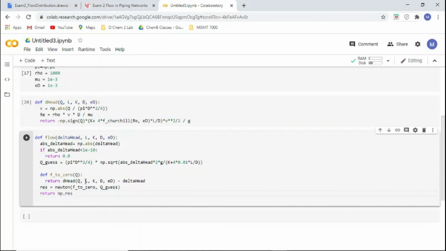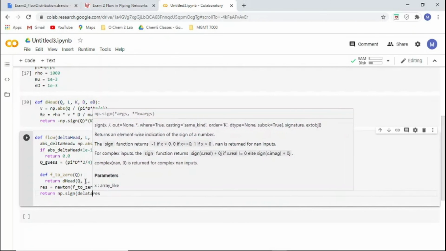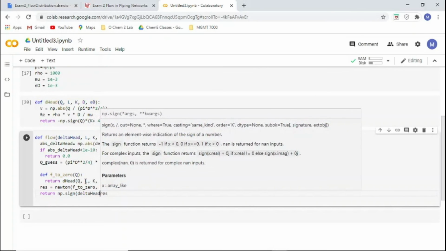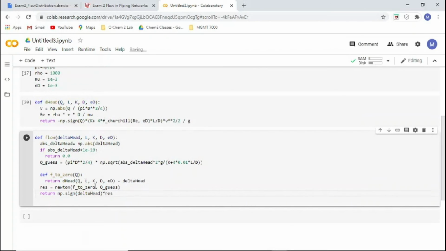So np.sign of delta head times the result is going to give us the sign multiplied by our result, to factor that negative back in.